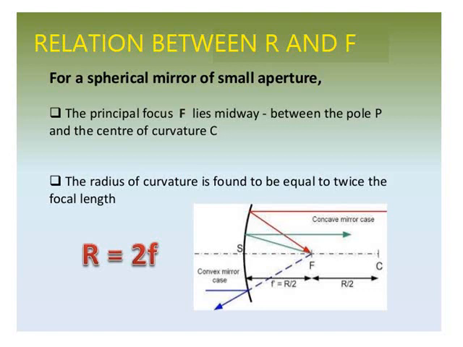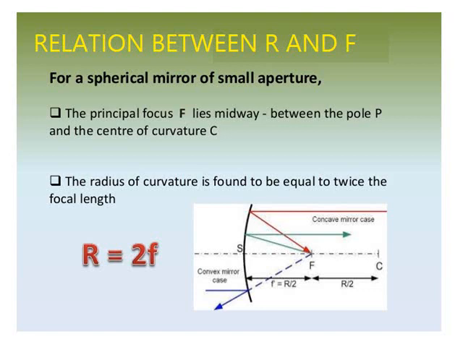Now you see in the diagram here, the capital F, the principal focus, is the midpoint of the center of curvature C and the pole of the mirror P. Here it is wrongly given as S, but you have to consider P, which is the pole of the mirror. So F happens to be the midpoint of P and C. That means PF is equal to FC.